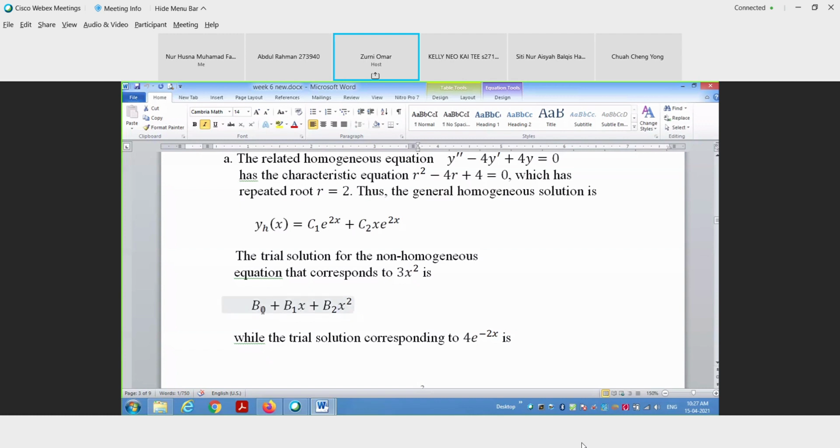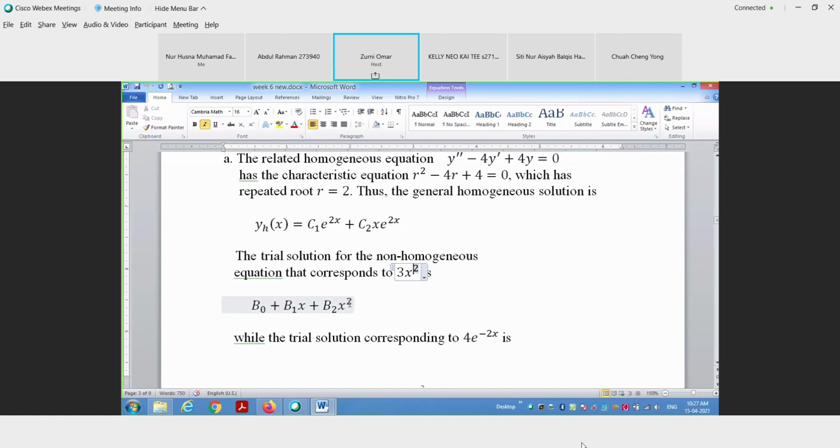They are the same. This corresponds to 3x squared, a polynomial of order 2, and your trial solution will be a polynomial of order 2.